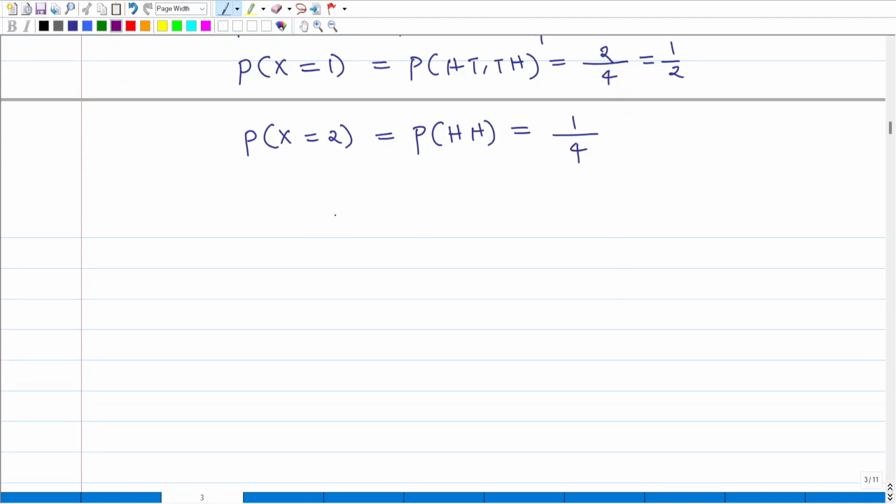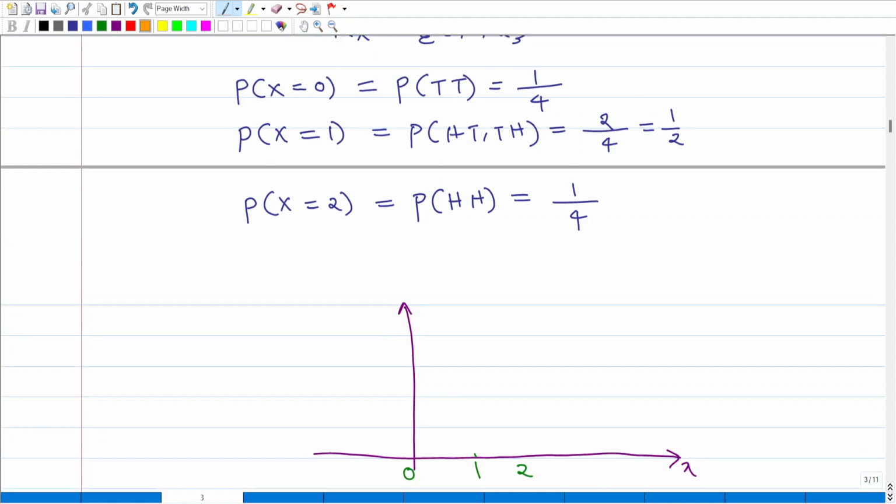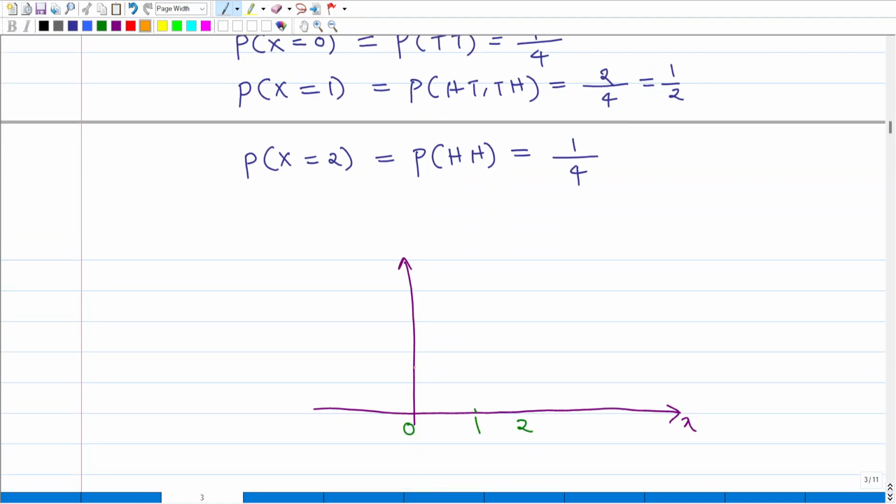Let us plot this. So this is x and the values are 0, 1 and 2. At x equal to 0, the probability mass function is 1 by 4.